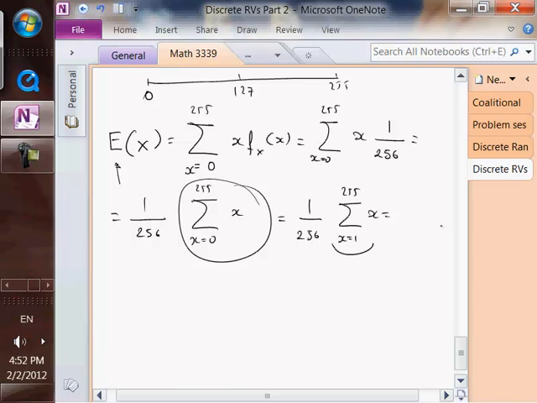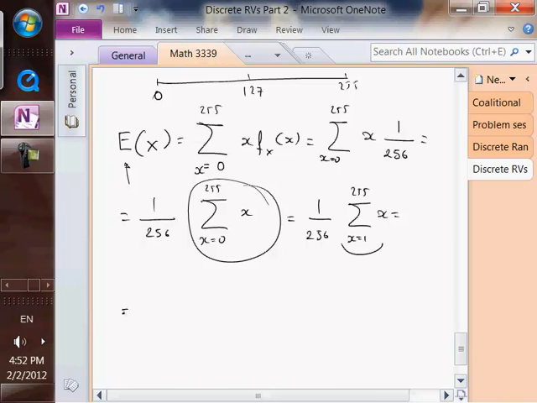Okay, we can't squeeze it, obviously. So what is this equal to? 127.5. Slightly different than the median, but very close.